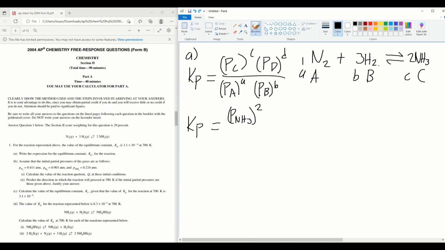We square that, and then we put it over the pressure of N2 times the pressure of H2 raised to the third power because of this coefficient. So this is our final answer for part A.